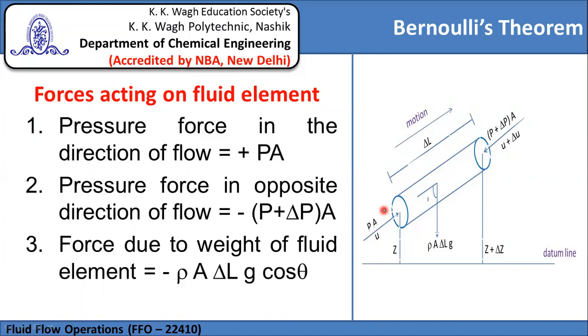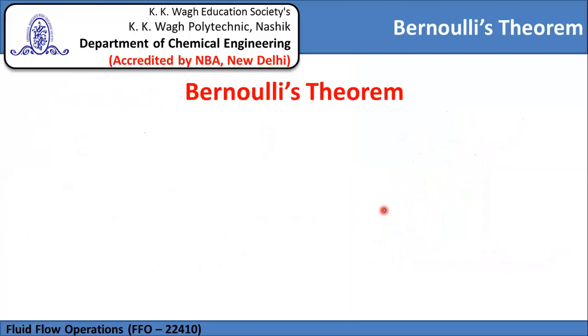And the force due to the weight of a fluid element, the weight is rho A delta L G, and cos theta will be the component of that weight in the direction of motion, and it acts in the opposite direction. That's why we have taken it as negative.